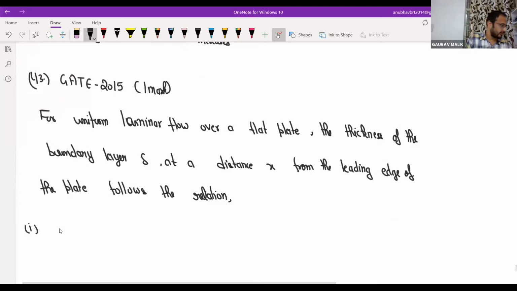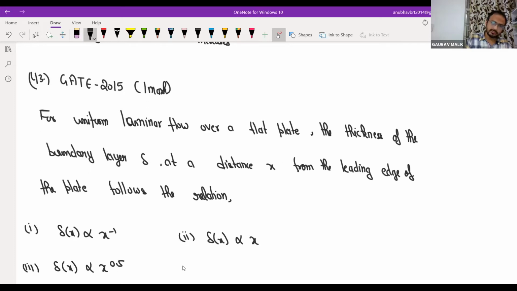First option we have del of x directly proportional to x to the power minus 1, second, del of x directly proportional to x, third, del of x directly proportional to x to the power 0.5, and fourth one is del of x directly proportional to x to the power 0.5. Again 1 mark, easy mark, solve fast.